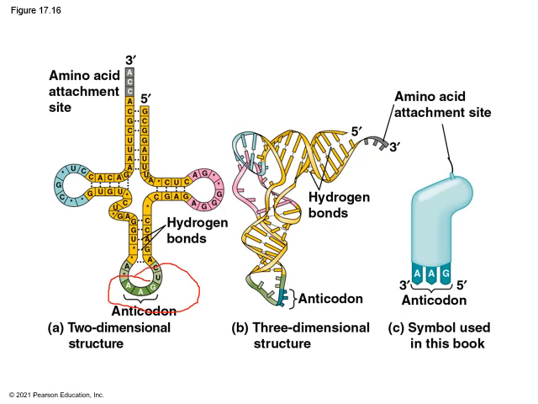Here, the artist has drawn it, AAG. So that means the codon in the messenger RNA will be UUC. Up here, this 3' end, is where the amino acid will attach.